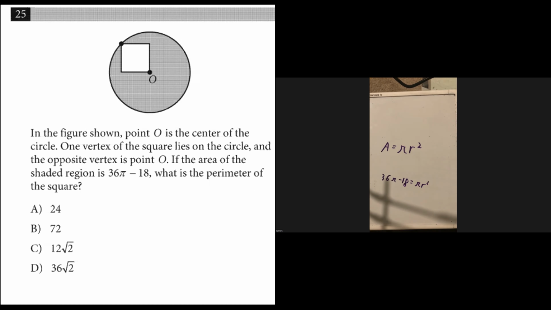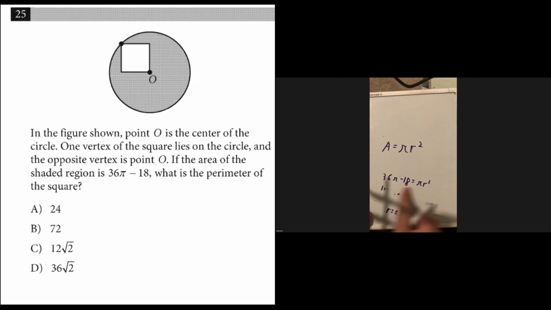And so we do 36 times pi, which is 113, minus 18, which is 95, equals pi r squared. Divide by pi, and then take the square root, which gets us r equals 5.5.